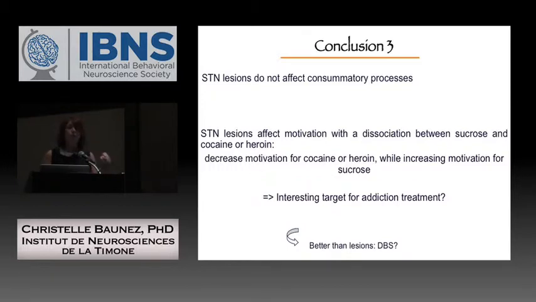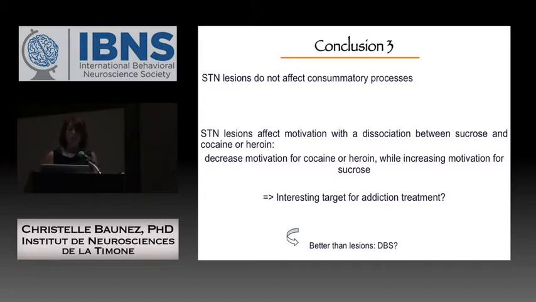So it's a very interesting target for the treatment of addiction, because what you want to do in an addict is decrease the motivation to take the drug, but not decrease motivation for everything, which, in brackets, excludes the accumbens from the possible target, from my point of view, because you don't want to knock out motivation for everything. So with STN, you have a way to dissociate motivation for the drug and for natural activities.